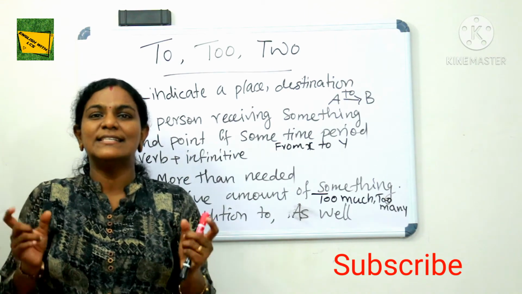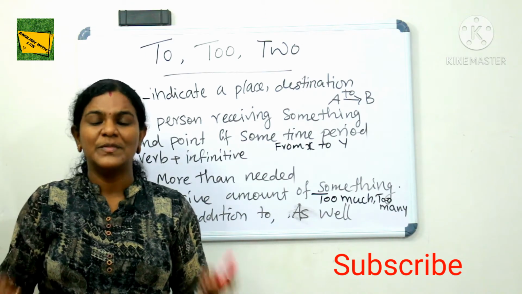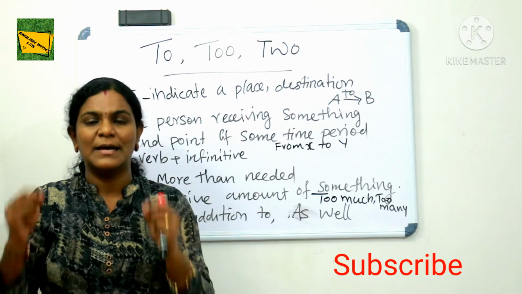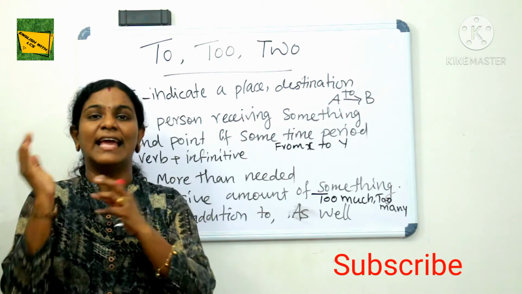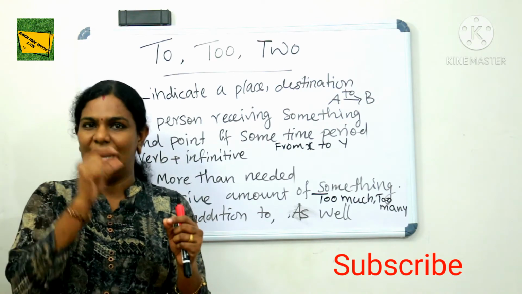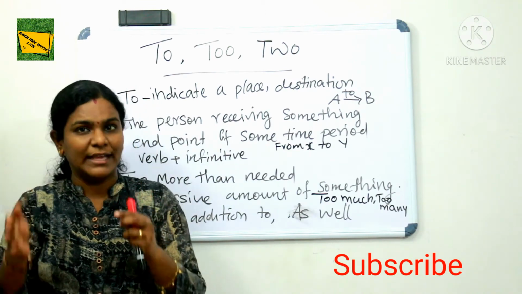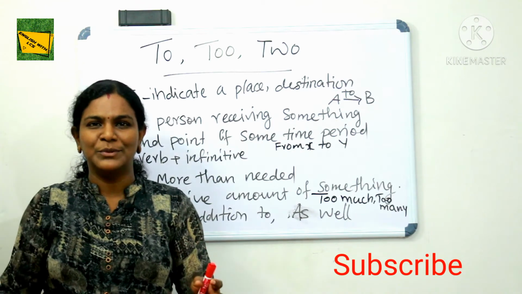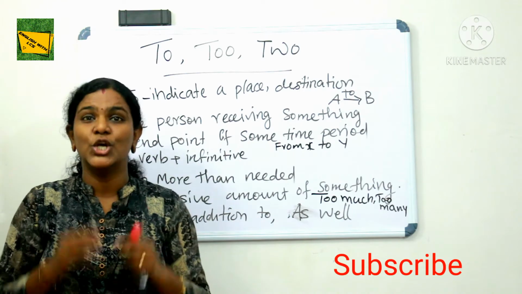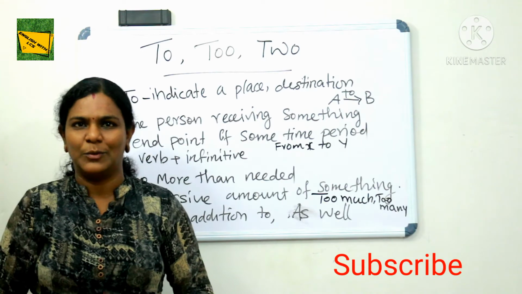Here in this particular sentence we are having two verbs. So what we have to do? We have to make the second verb infinitive by adding the preposition to in front of that verb. That means likes is a verb, to drink coffee, drink is another verb. So in order to make the second verb infinitive, we have to add to plus that particular verb, or the first form of that verb.